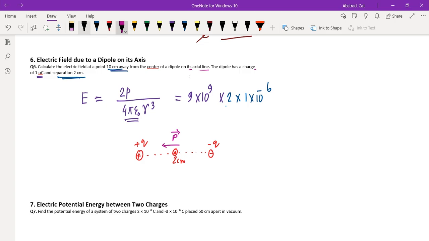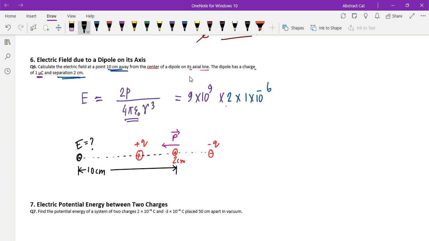So the electric field is here, and the distance is 10 centimeter. That is how we calculate the electric field.